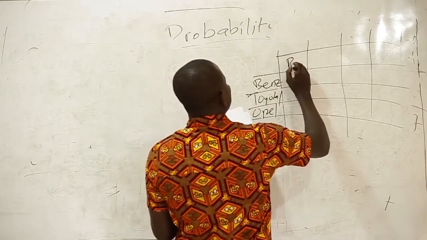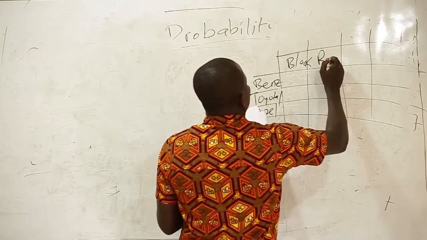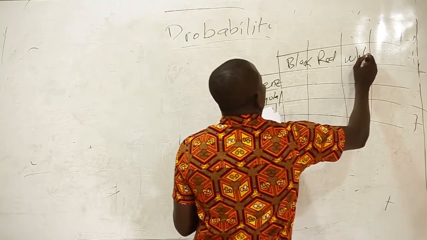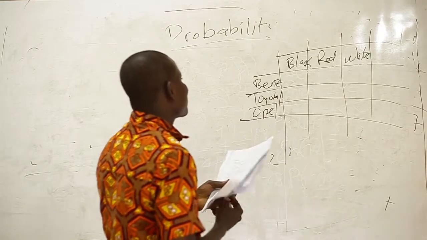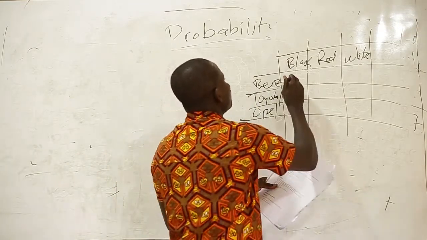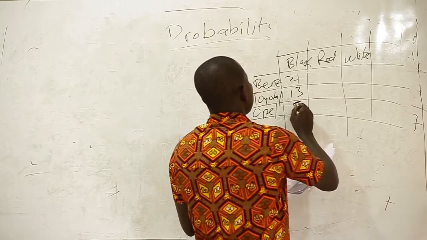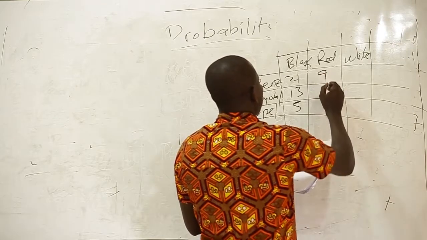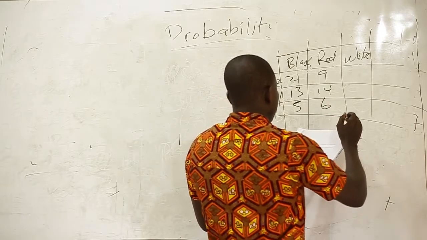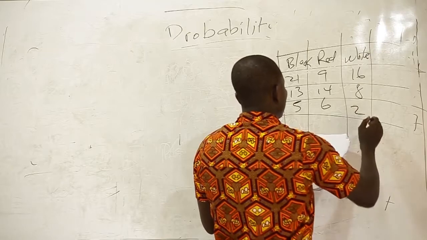Here is black, red, and white. These are brands of cars, and their respective colors. And the figures are captured accordingly. So 21 here, 13, and then here is 5. Then here we have 9, 14, 6. Then here we have 16, 8, and 2.